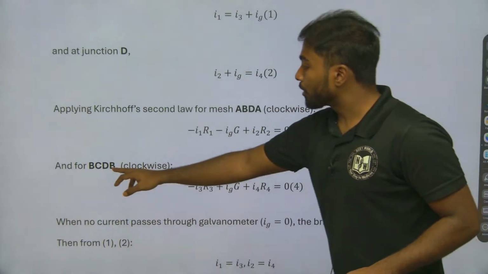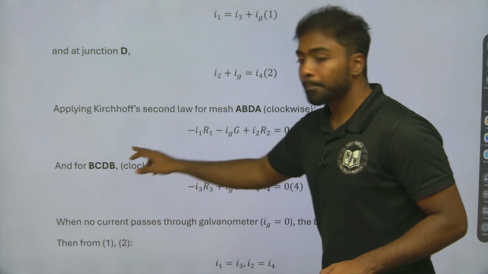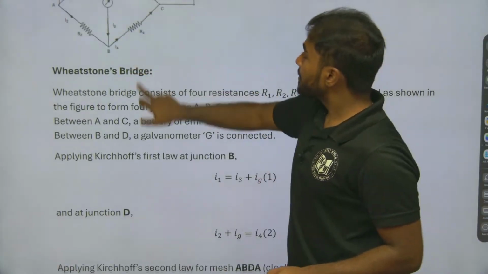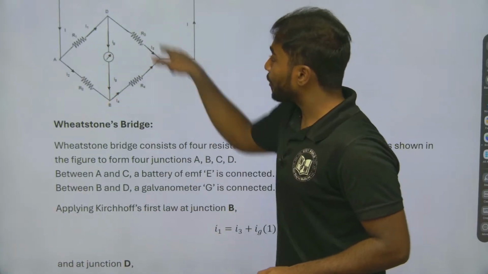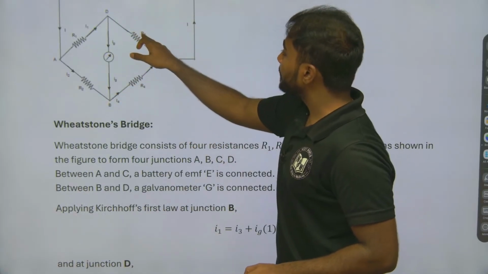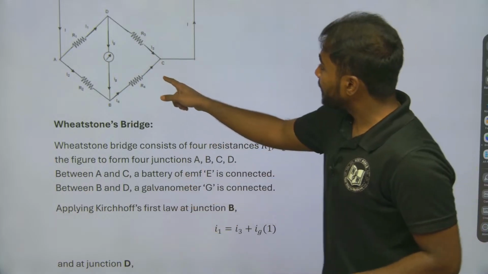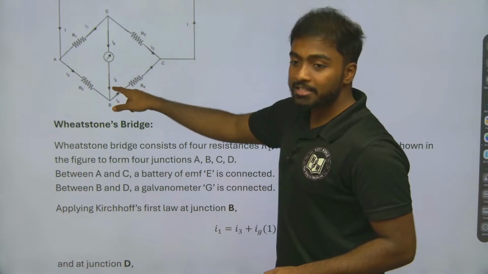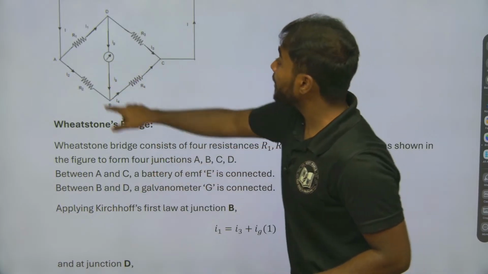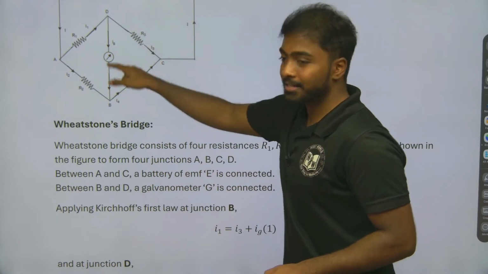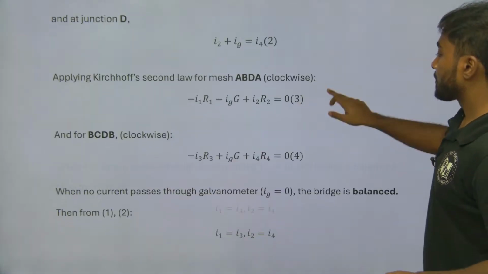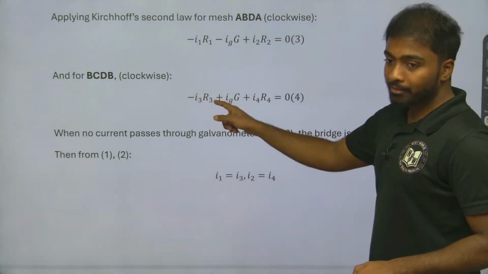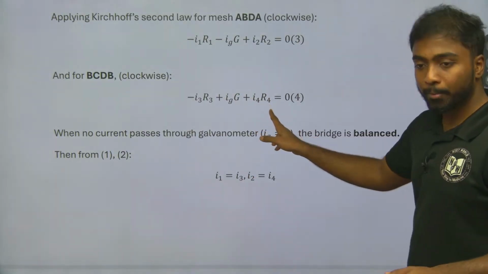Similarly, when we talk about B, C, D, B in the clockwise direction, I3 R3 will be minus, I4 R4 will be plus, and Ig G will be plus. Only one will be minus, the remaining two will be positive.